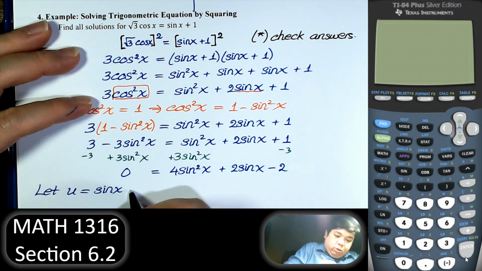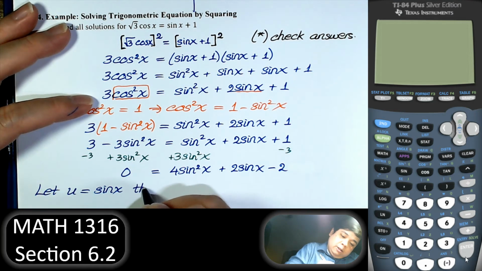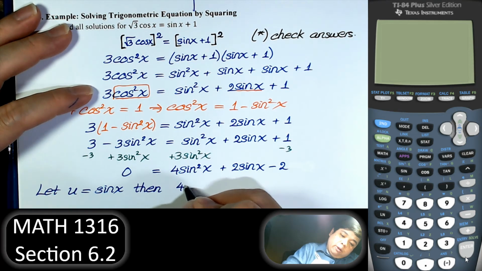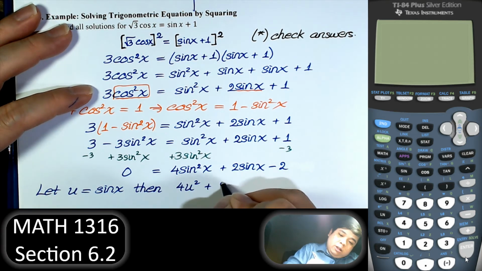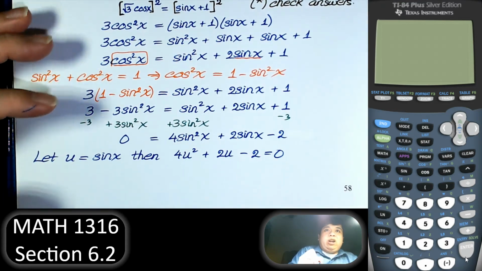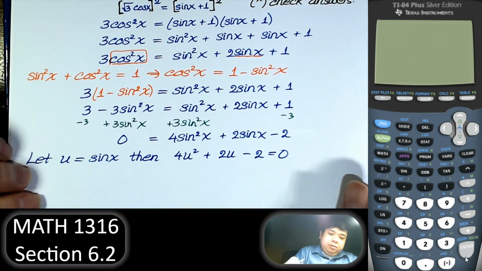In that case we will have 4u squared plus 2u minus 2 equal to 0. It's a quadratic equation, so I'll use the quadratic formula.